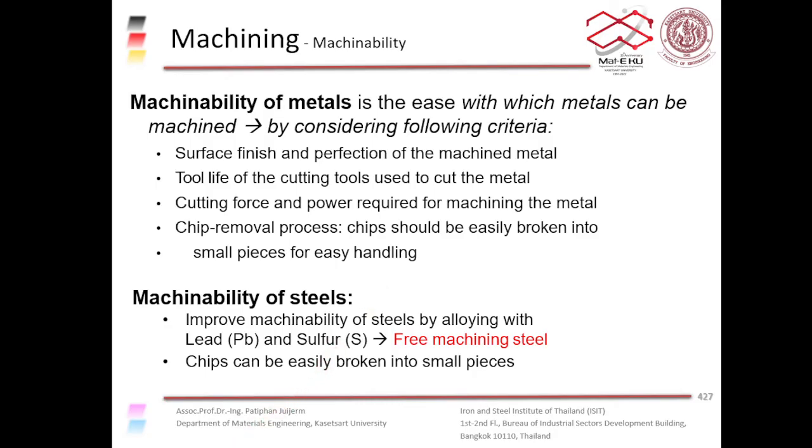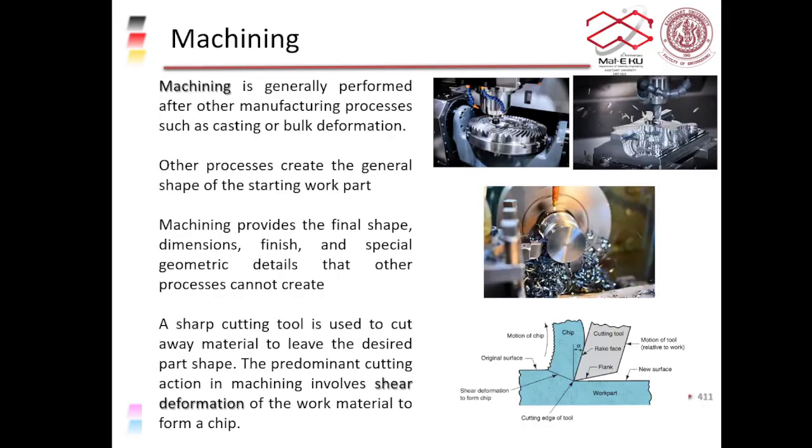So remember, for cutting operation, right? We are using a cutting tool to apply a shear deformation on the surface to produce a chip, and the chip needs to be removed from the surface quite easily. If you look at this picture, you can see that chips of metals are flying away from the surface.